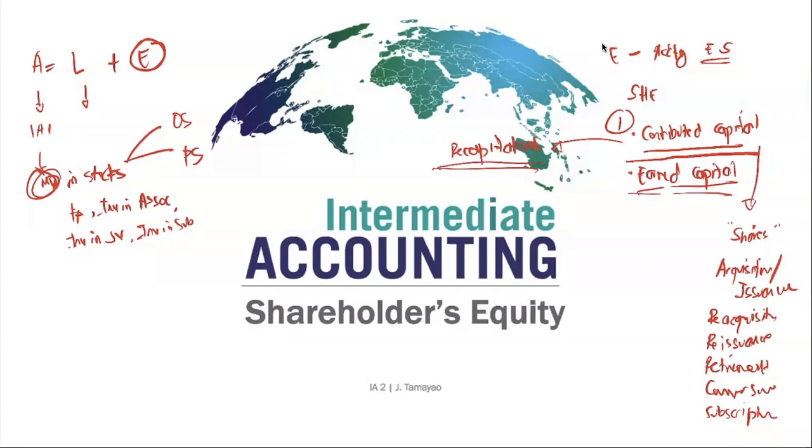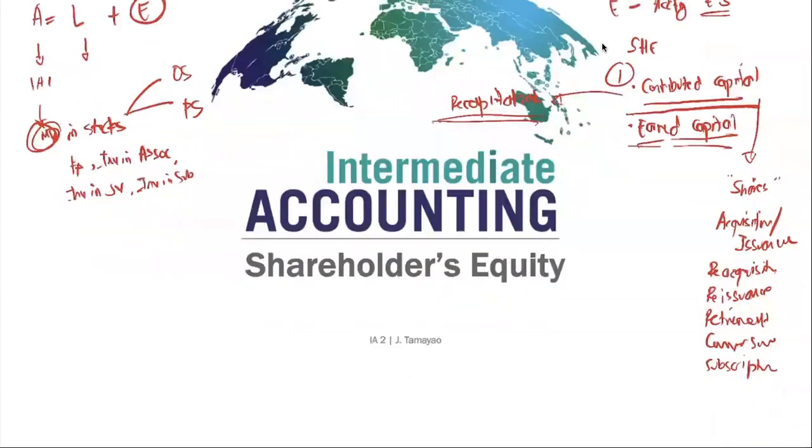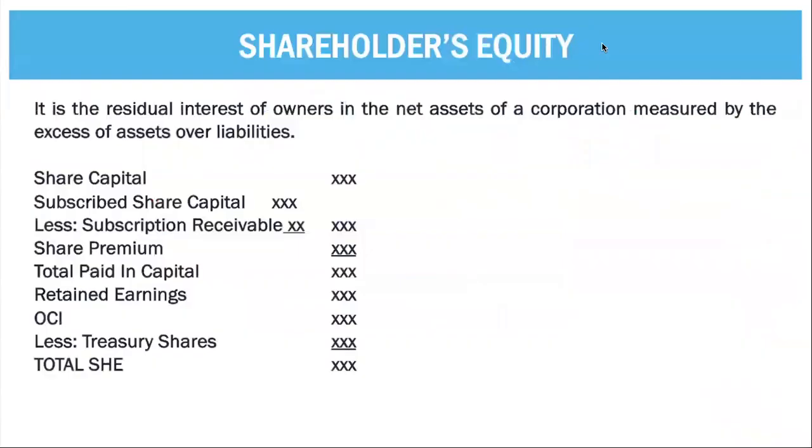So let's start now and discuss your contributed capital or your shareholders' equity. What is a shareholders' equity? A shareholders' equity is the residual interest of owners in the net assets of a corporation measured by the excess of assets over liabilities. You already know this because asset is equal to liabilities plus equity. To compute for equity, equity is equal to asset less liabilities.